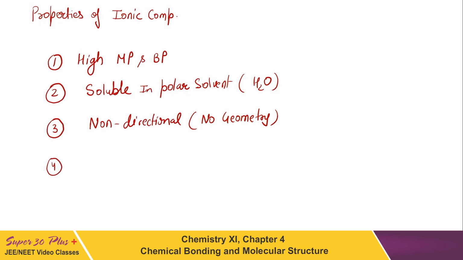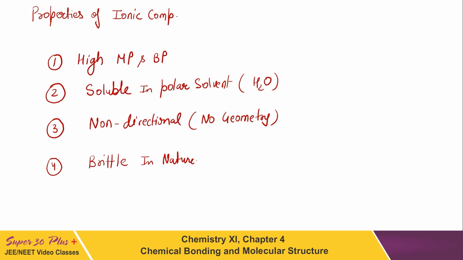Moreover, ionic compounds are brittle in nature. Do you understand the meaning of brittle? Those which you can bring down into pieces very easily. Even if you apply a very small amount of force, it will break down into several pieces. Such compounds are called brittle.